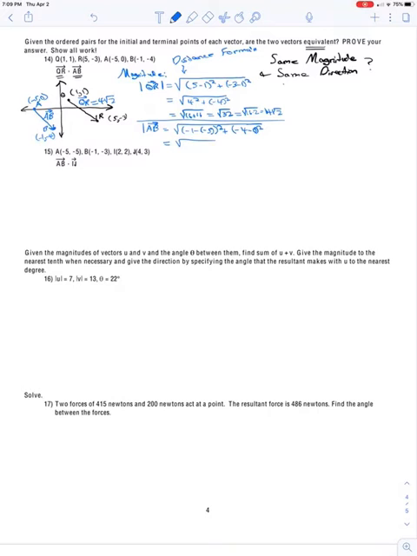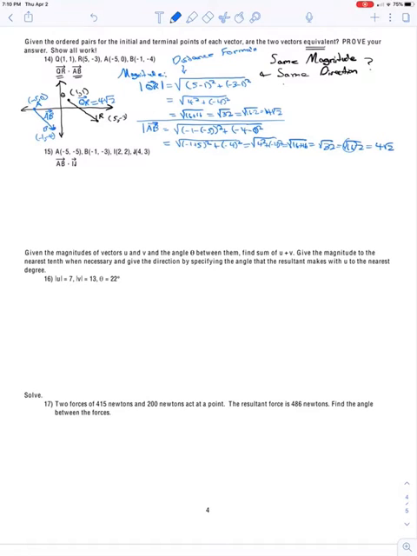As we simplify, negative 1 plus 5 is 4 squared, plus negative 4 minus 0, which is negative 4, squared. Somebody correct my arithmetic here: it's a plus 5, two negatives. But you can see as we simplify down, we get the square root of 4 squared plus negative 4 squared, the exact same thing we had in our previous vector. So it's the square root of 32, which again simplifies to 4 square roots of 2.